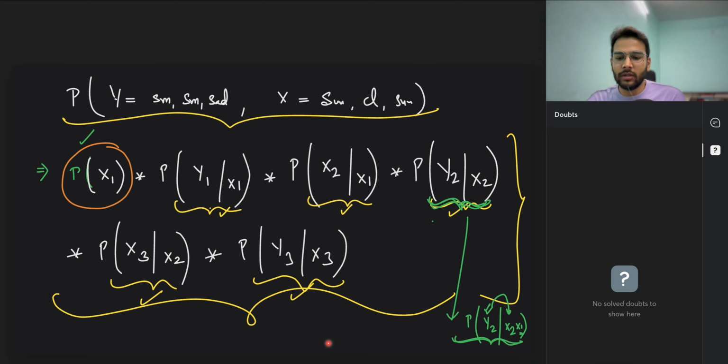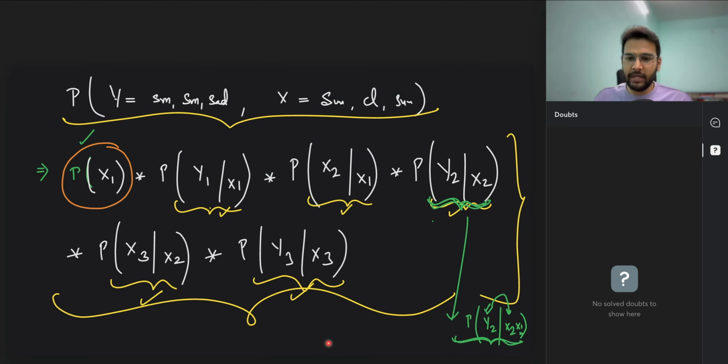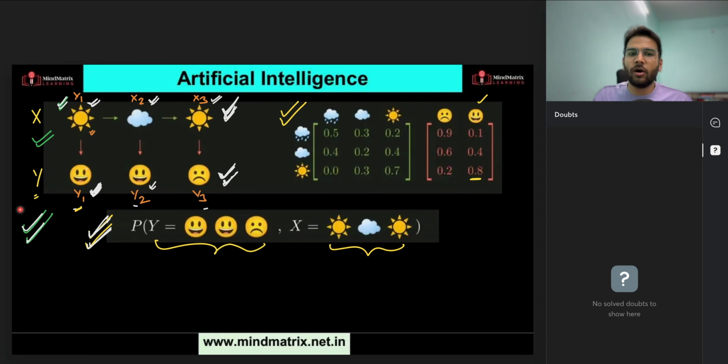Based on this graph, we are writing this joint distribution, because we should have the information about what is depending on the previous state. Here, based on the graph, y1 depends on x1, x2 depends on x1. So we have to consider all the possible events here. Is this clear now?